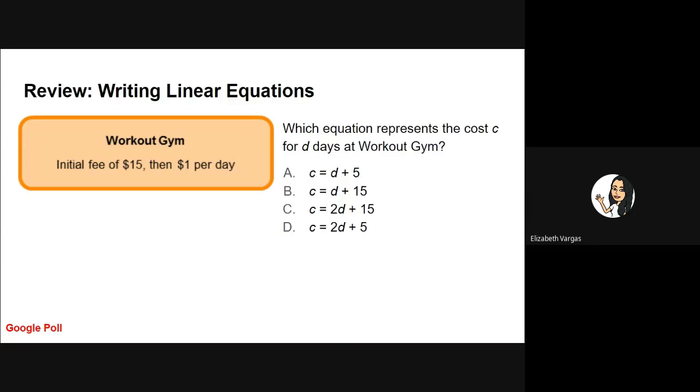You should see it pop up. Just select an answer choice, A, B, C, or D. Which equation would best represent or model this scenario? I'll give you about 1 minute to answer that. I see a lot of us getting it correct.